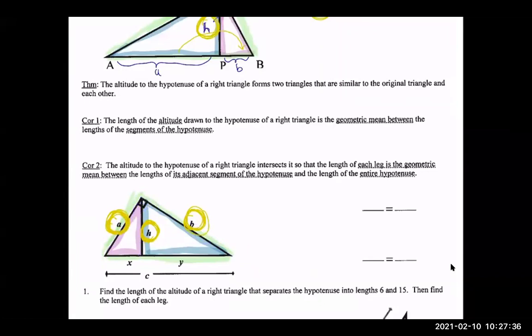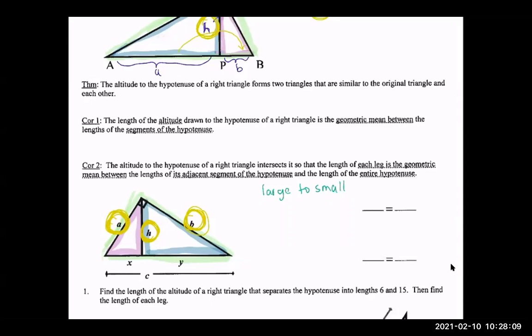And then when I make the comparison, this time I'm going to compare the large triangle to the small triangle. Okay, so can you guys type into the chat, what's the hypotenuse of the large triangle?